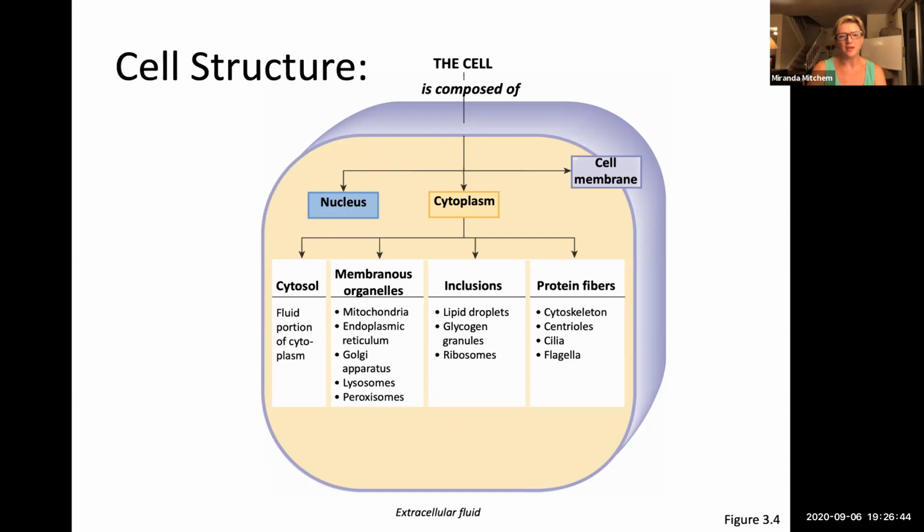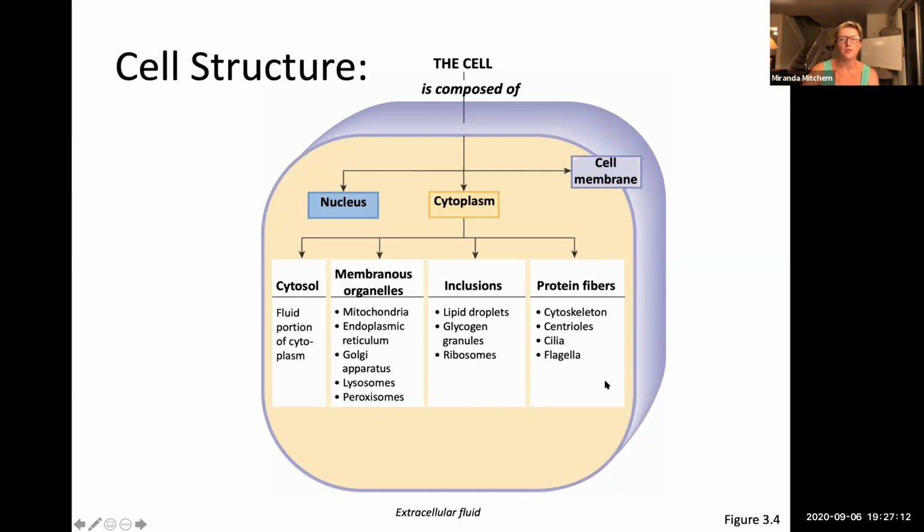It's just the fluid. We have a number of different organelles that have very specific functions within our cells. We've got the mitochondria, the reticulum, the Golgi apparatus, lysosomes, peroxisomes. Inclusion bodies would include different lipids as well as glycogen, and also ribosomes fall into this category.